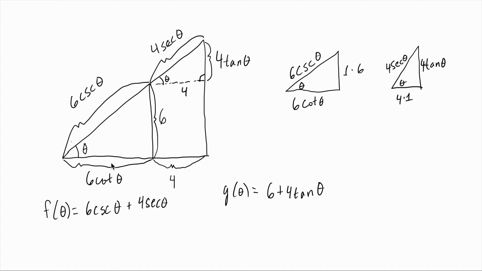So this whole side length is 6 cotangent theta plus 4. And then you could have thought of this as being like a number. So then this opposite would be like that number times tangent theta, and this whole hypotenuse would be like that number times the secant of theta, using a similar situation to this.